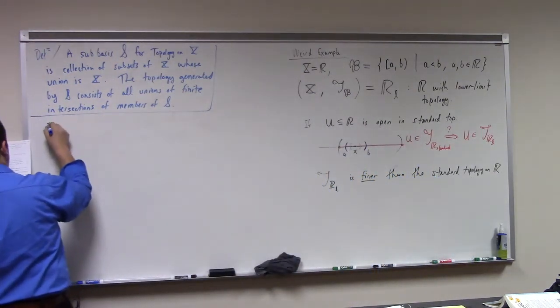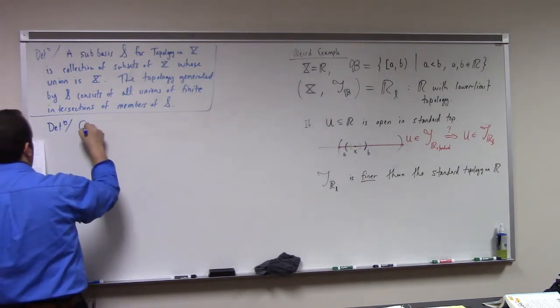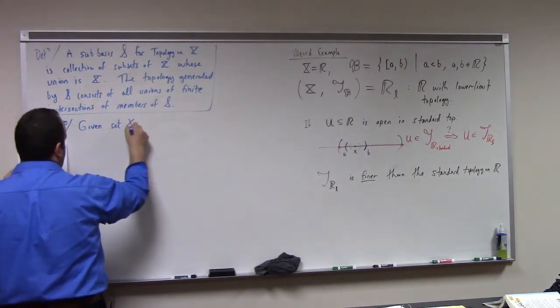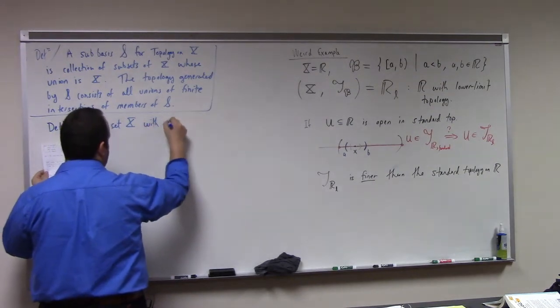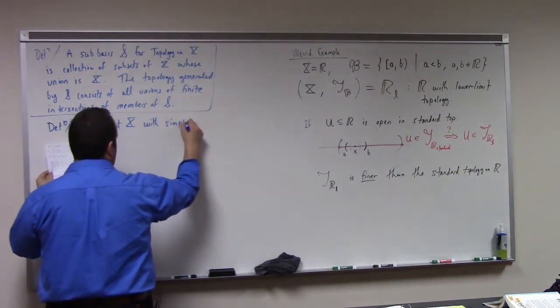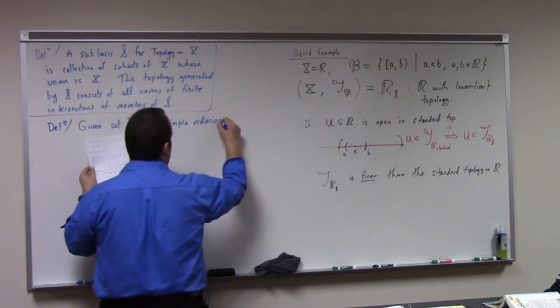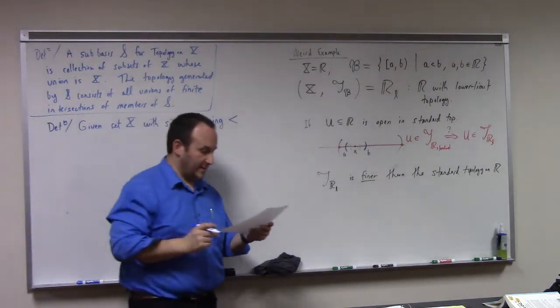So can you guys tell me, if I give you a set X with a simple ordering, what does that mean? What's it mean to give a simple ordering?